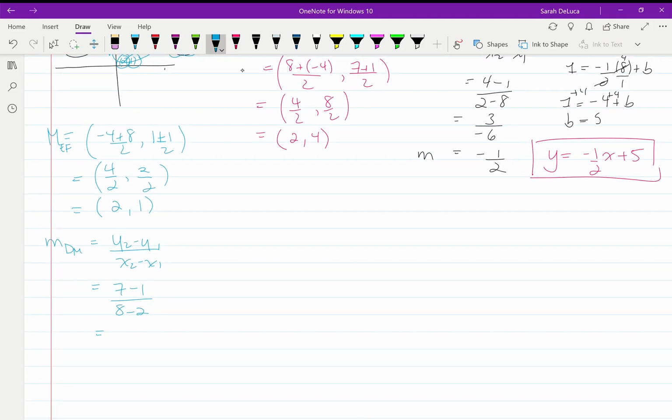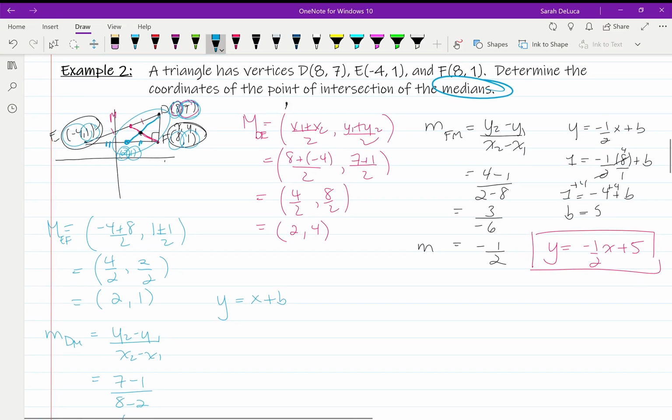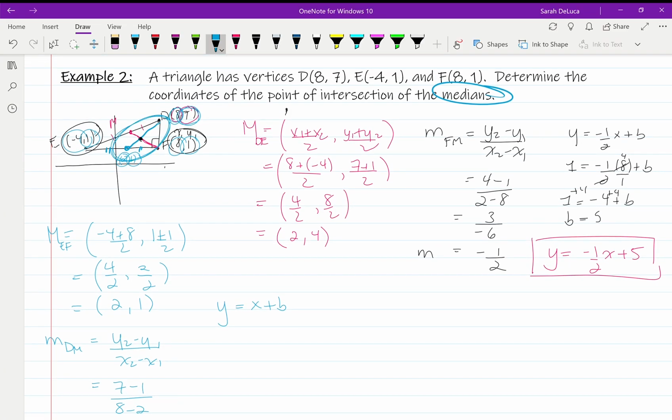So 7 minus 1 is 6, and 8 minus 2 is 6, and 6 divided by 6 is 1. So there's the slope. We're going to put that into y equals mx plus b, so that's just x plus b. Then I have to sub in one of these two points to solve for b. I'm going to sub in the 8, 7.